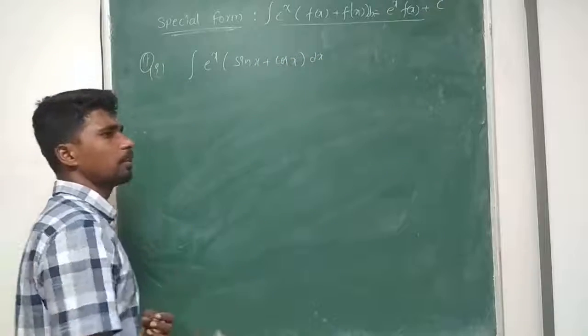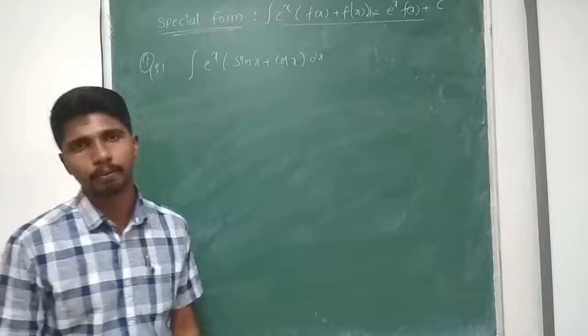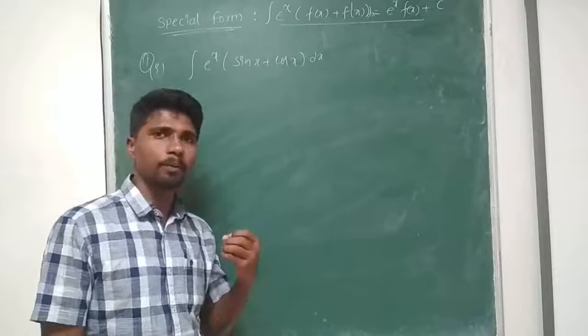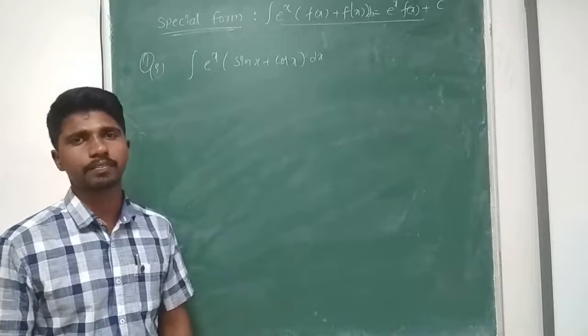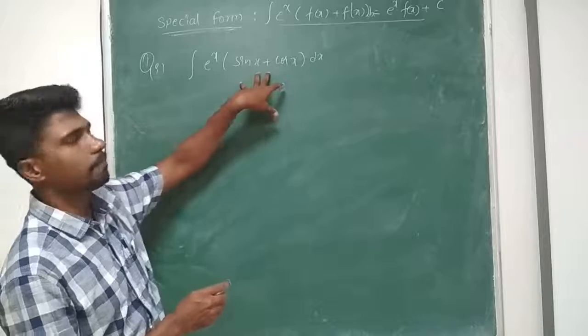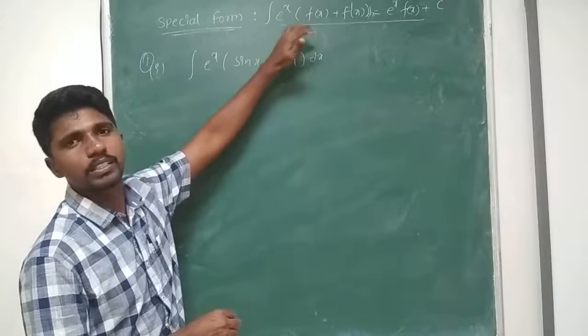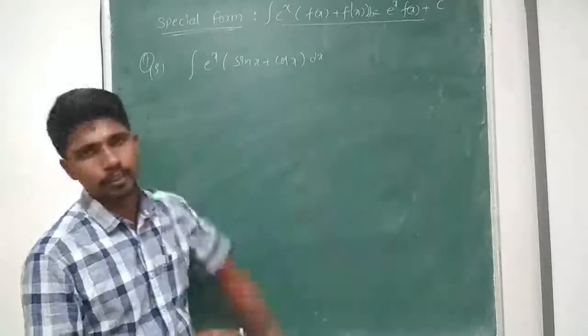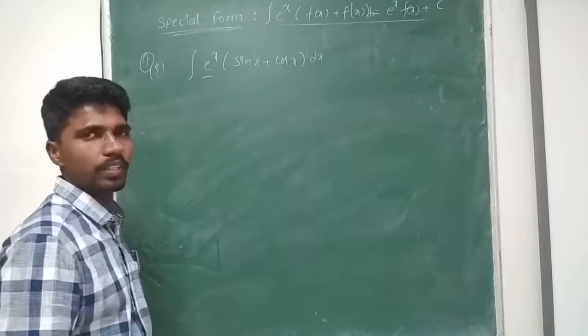In this particular problem, deciding f(x) is the main important criterion. If you are able to identify f(x) and find f'(x), just compare with that formula. If that satisfies the formula, you can go with the answer e^x f(x). So I have e^x here, so I should go with the formula.